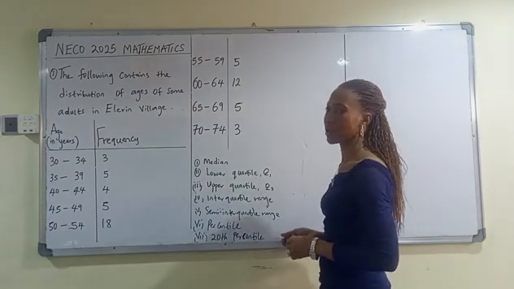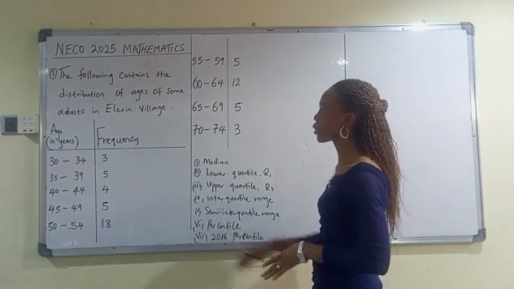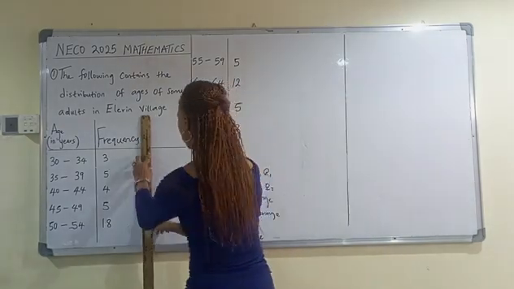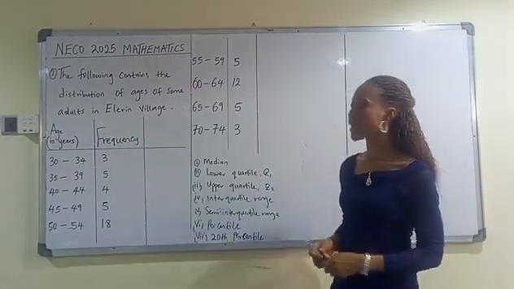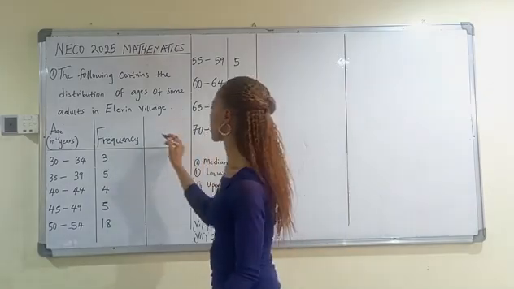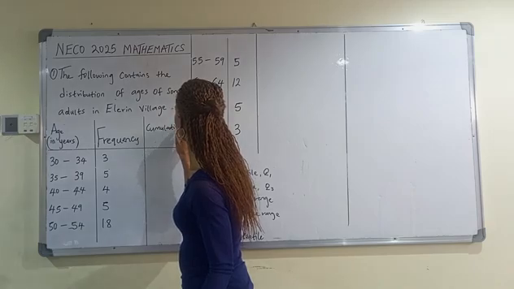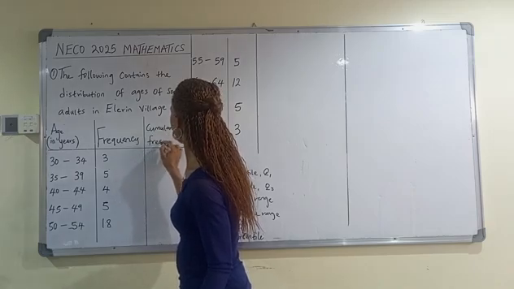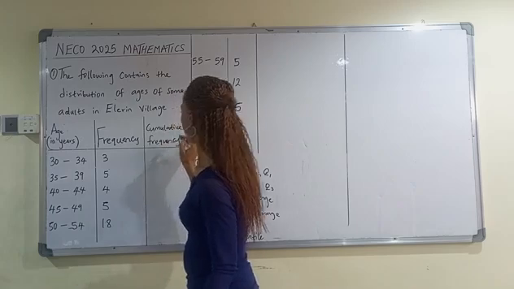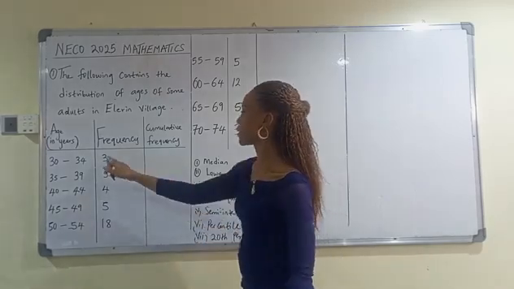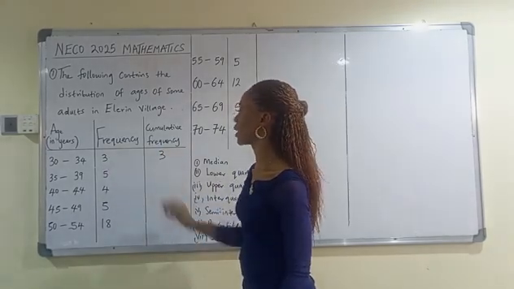Find the 20th percentile. So the first thing we need to do is to find the cumulative frequency curve. So we'll get the cumulative frequency. To get the cumulative frequency, the first one remains 3.